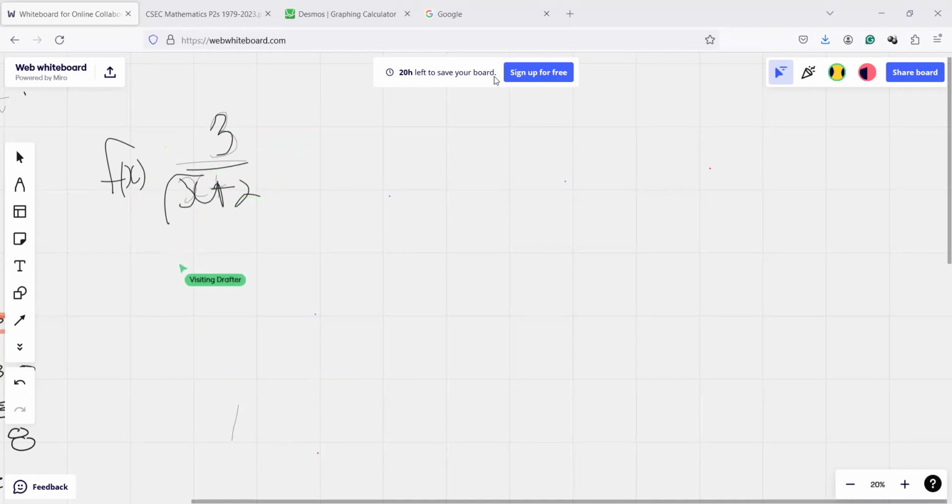So our new equation will look something like this. 3 over 3 over x plus 2, plus 2. And then what we'll need to do is work out the denominator and then try to simplify this fraction.